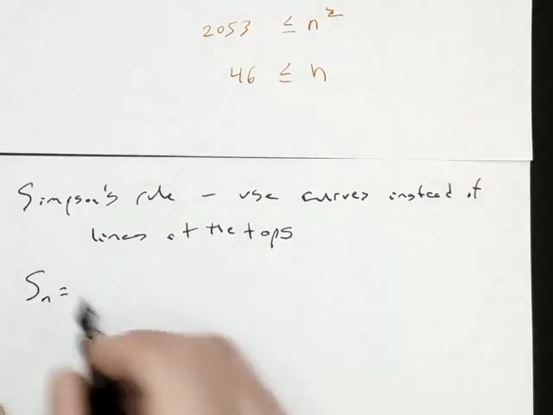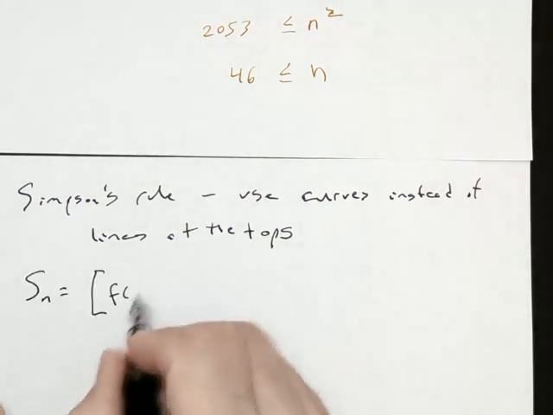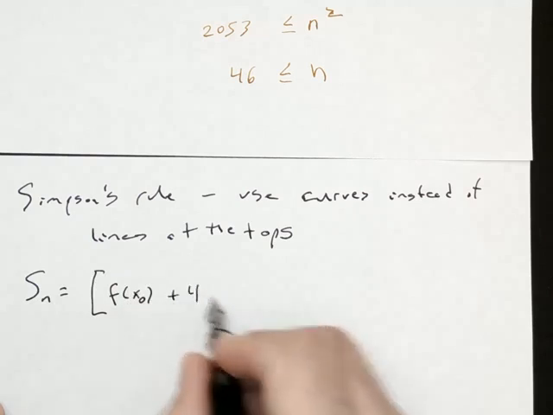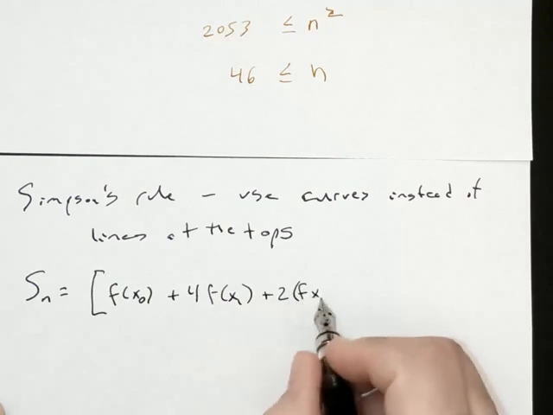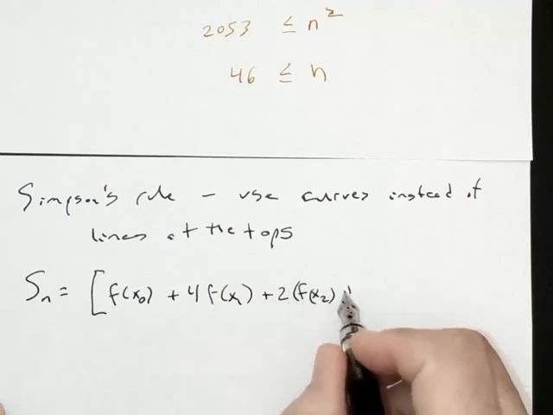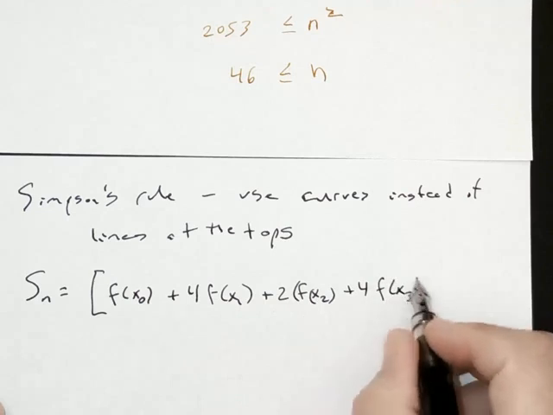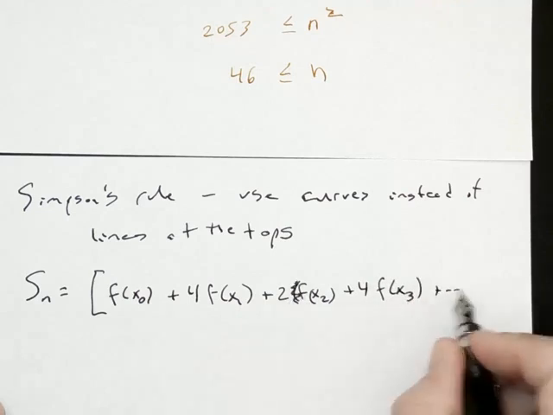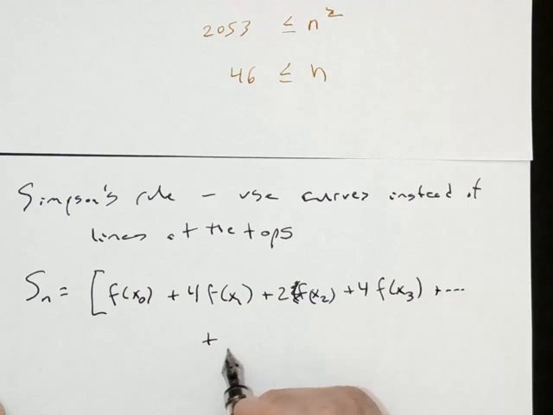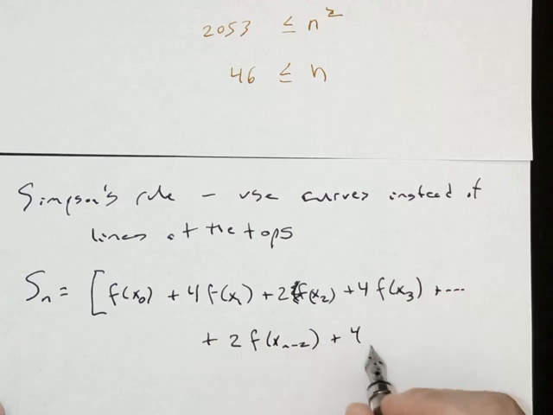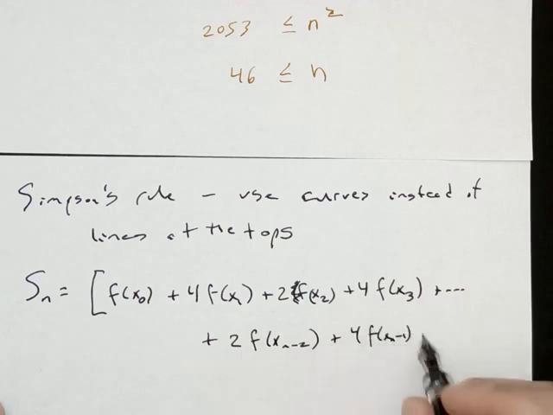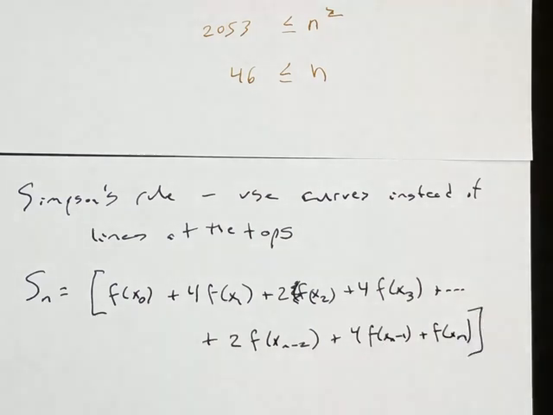So it turns out I use the first one once, and then I start alternating 4s and 2s. And then the very last one only gets hit once. Then I need my delta x.